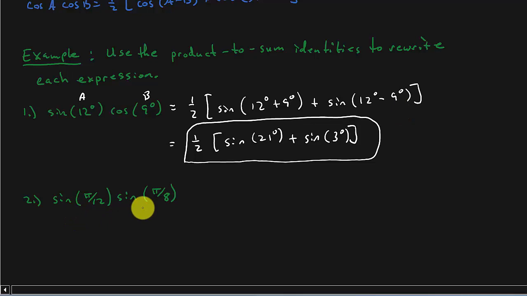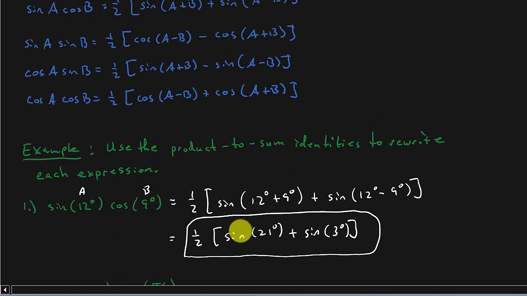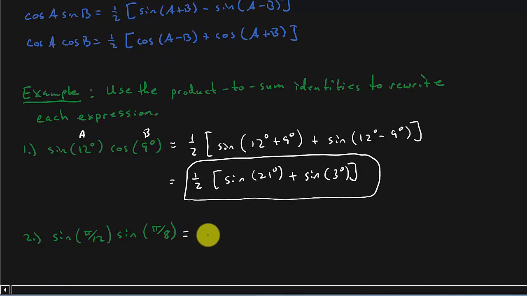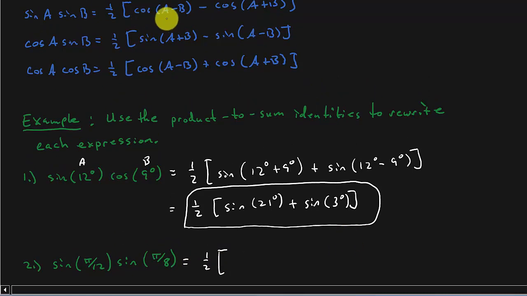We've got sine pi over 12 times sine pi over 8. So that's going to be this one. So we're going to use this formula. So this is going to equal 1/2, and it's going to be what? It's going to be cosine of A minus B. So that's pi over 12 minus pi over 8, minus cosine pi over 12 plus pi over 8.